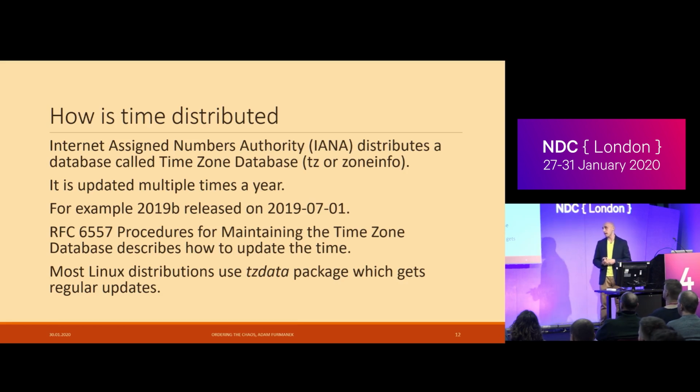It's distributed by an organization called IANA, the Internet Assigned Numbers Authority, which publishes a database, TZ Info, multiple times a year, which tells you exactly, hey, this place has this time zone, so this is the DST, etc. Obviously, there is some nice RFC, and there is some nice updating of this package through your probably apt-get or whatever else.